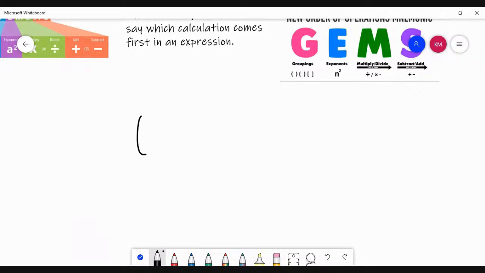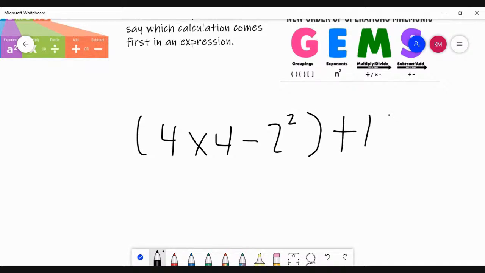We have parenthesis 4 times 4 minus 2 squared, close parenthesis, plus 10. Let's see who gets this answer correct.